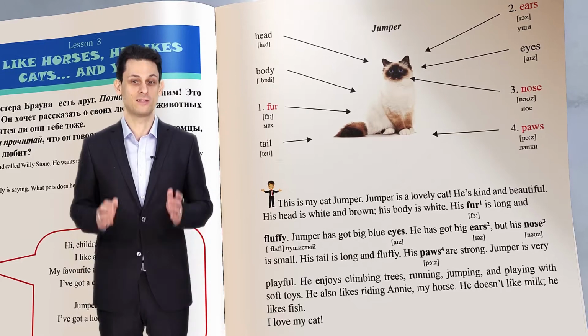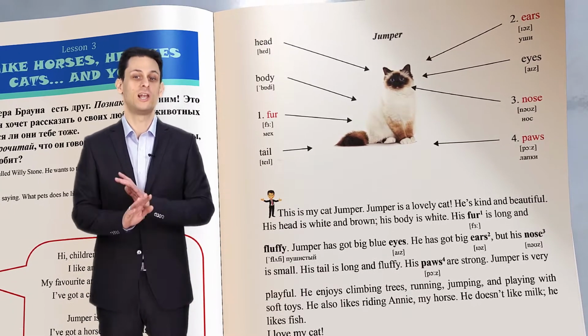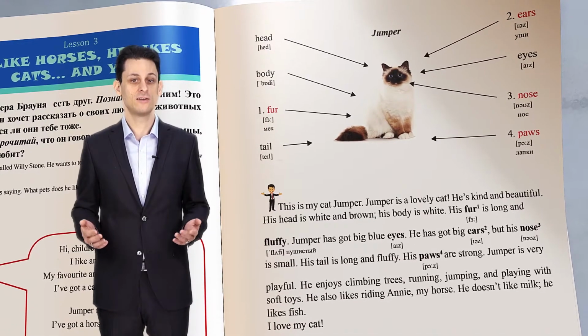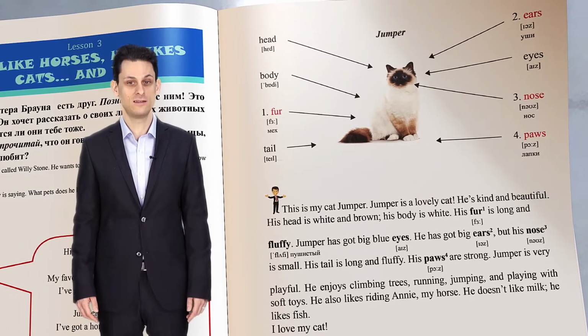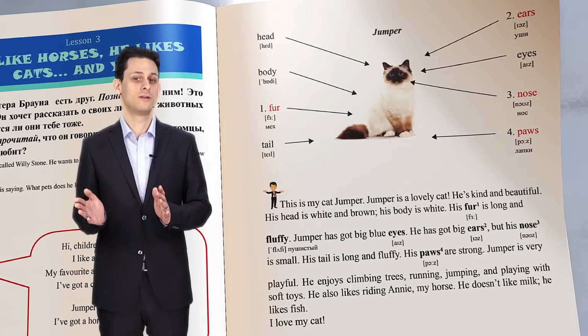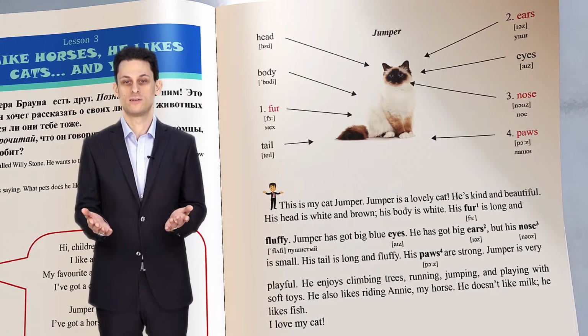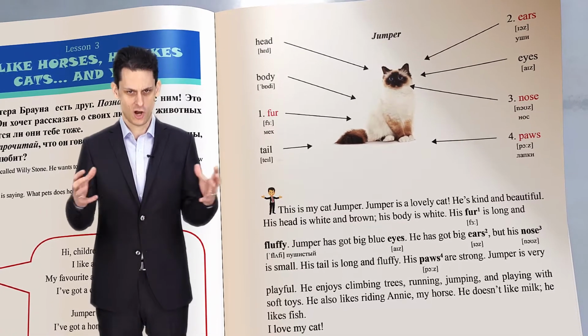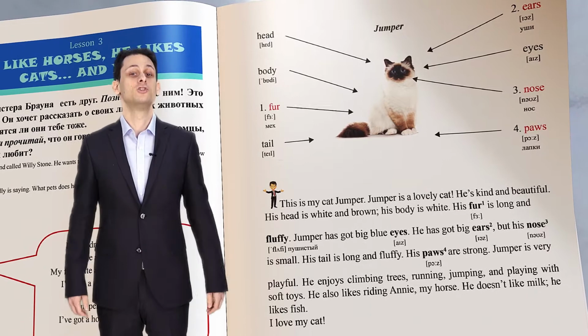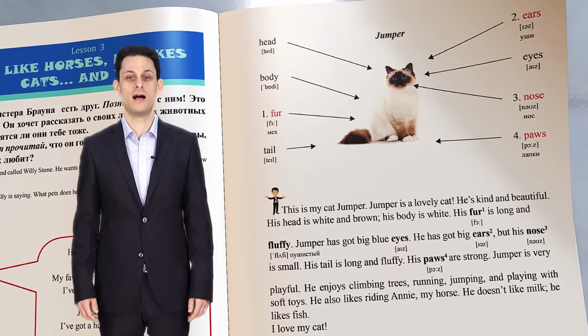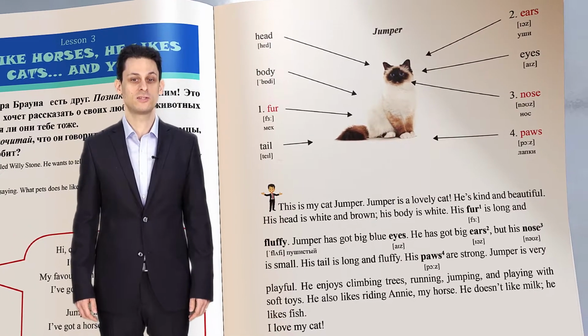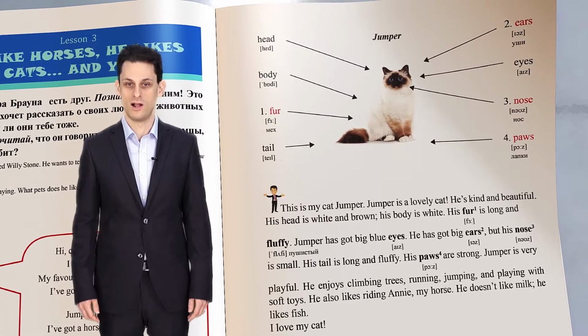This is my cat, Jumper. Jumper is a lovely cat. He's kind and beautiful. His head is white and brown. His body is white. His fur is long and fluffy. Jumper has got big blue eyes. He has got big ears, but his nose is small.